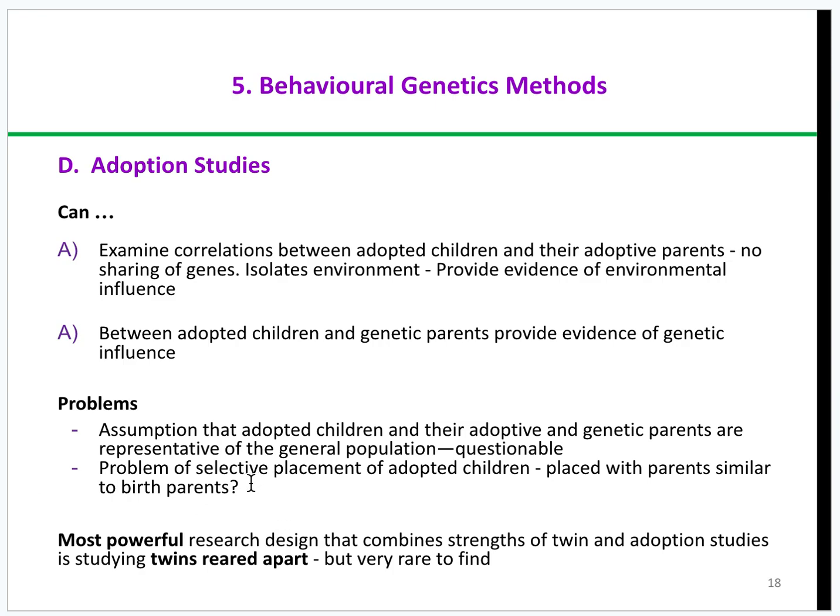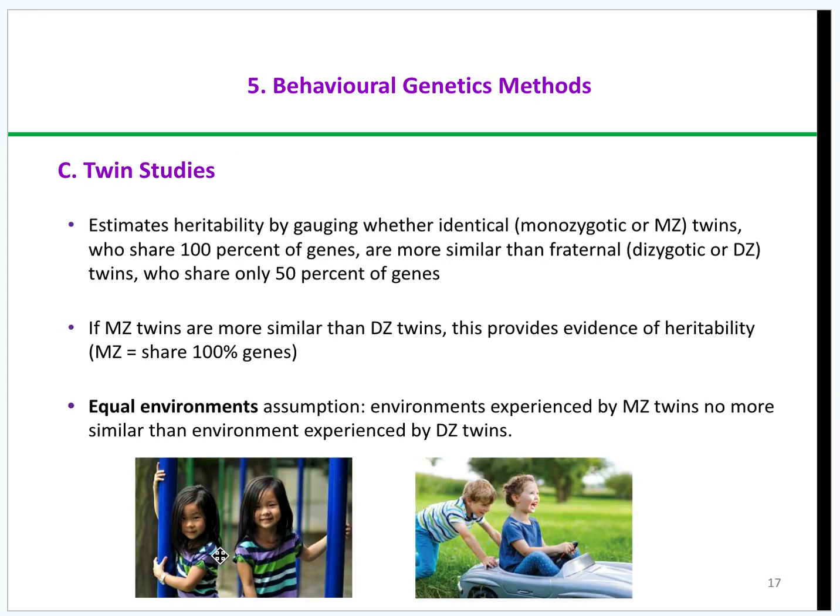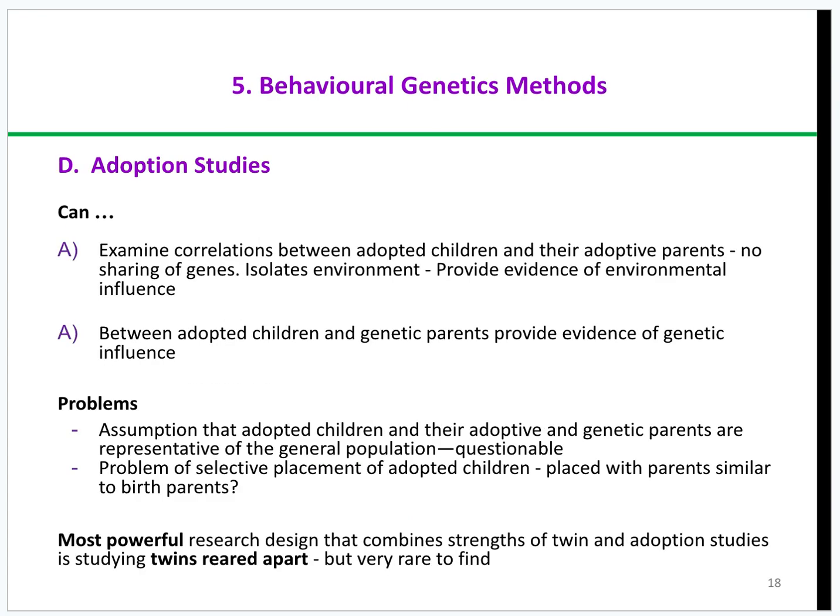That's a problem if it occurs, because then it's not random. The most powerful research design combines the strengths of the twin and adoption studies: the twins reared apart that we were talking about before, reared apart right from birth. But that's very hard to find, especially now, considering that you're probably wanting to keep siblings together.